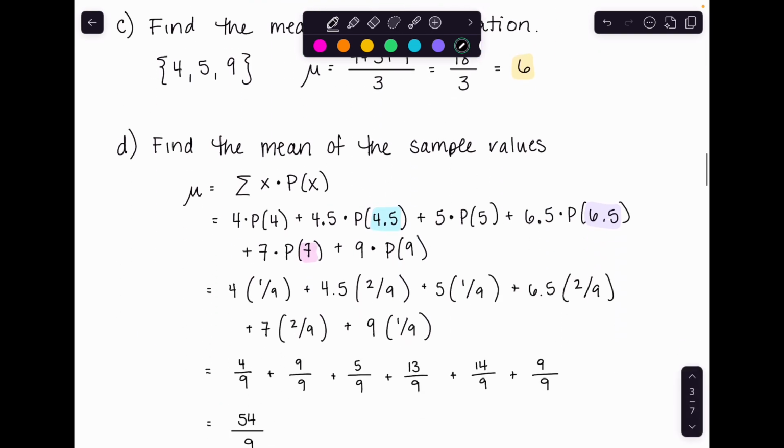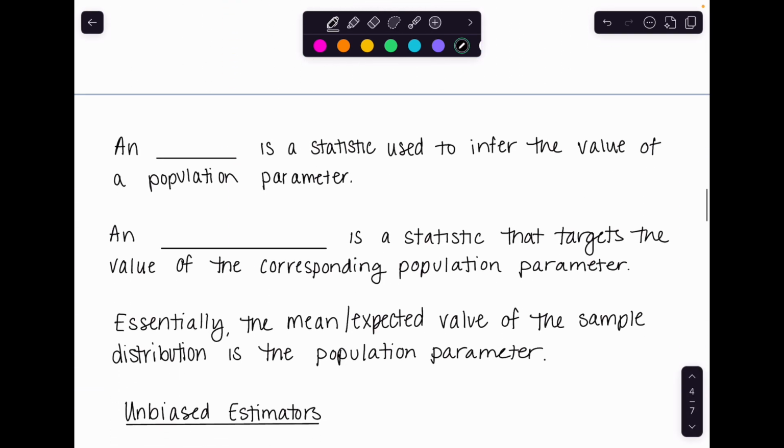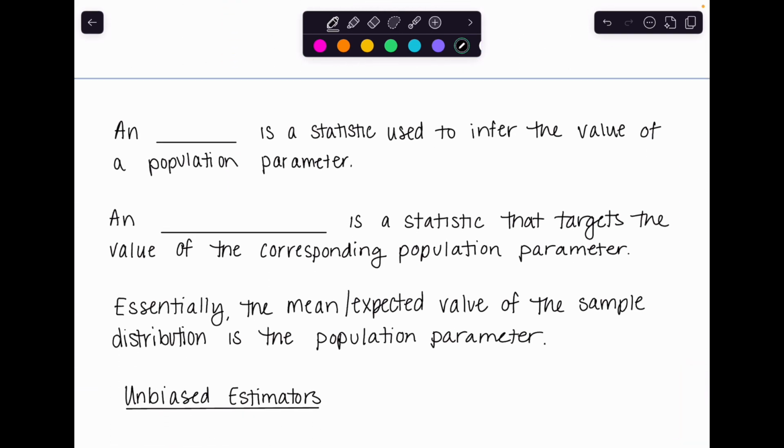So this is the idea that is called estimators. An estimator is a statistic used to infer the value of a population parameter. So our estimator in the last case was the sample mean from each of those samples. And it estimated the true mean of the population.